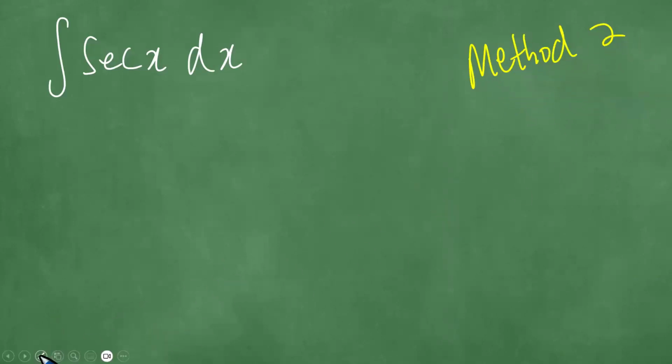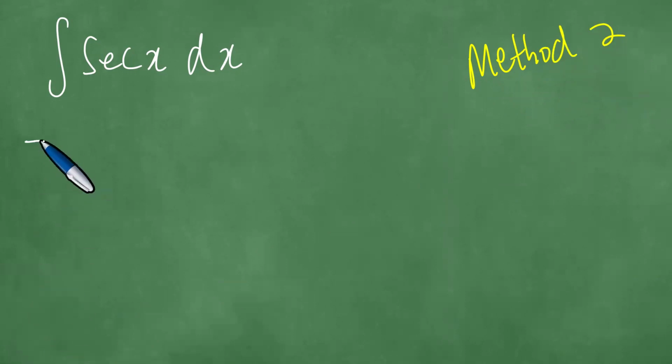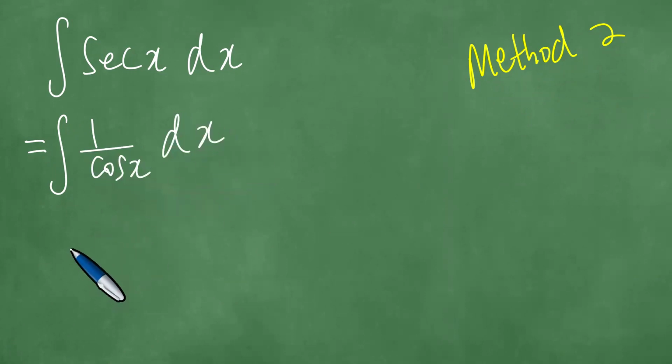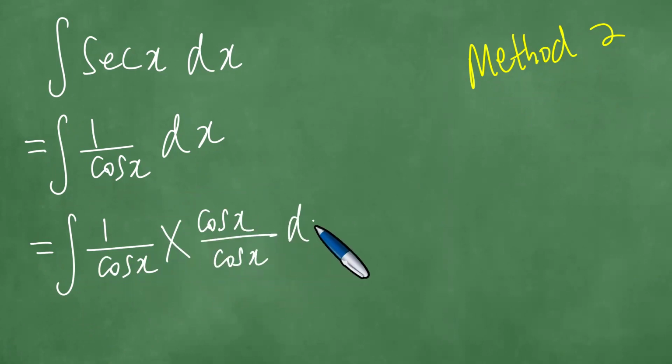In using method 2, we recognize first things first that the secant is 1 over the cosine of x, dx. We then multiply 1 over the cosine of x by cosine x over cosine x with respect to x.